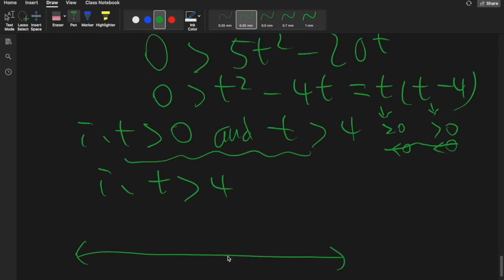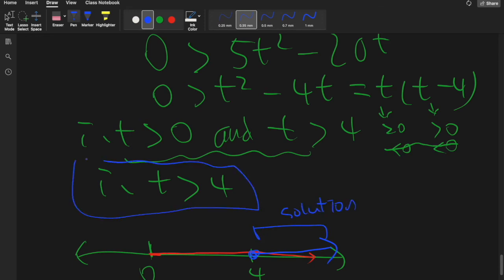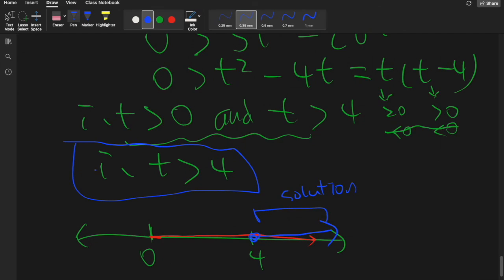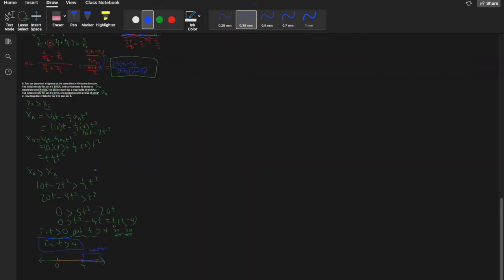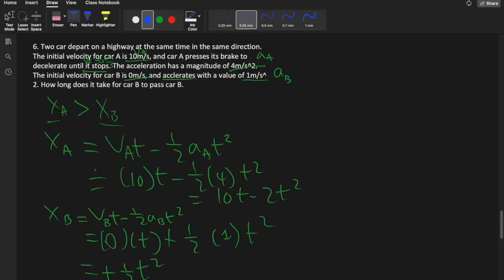If you don't know why, just draw a number line. So t must be greater than 0, and t must be greater than 4. So here is a solution of t must be greater than 4. Well, is t greater than 4 actually the answer?